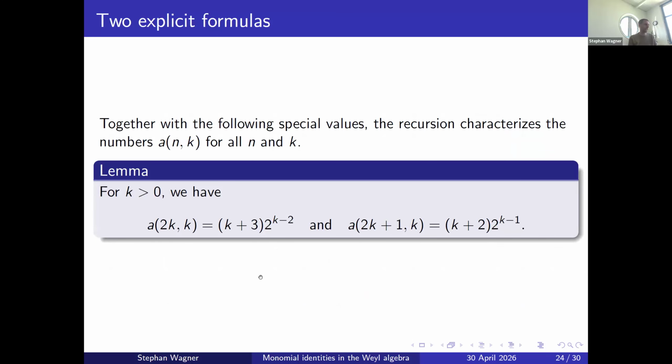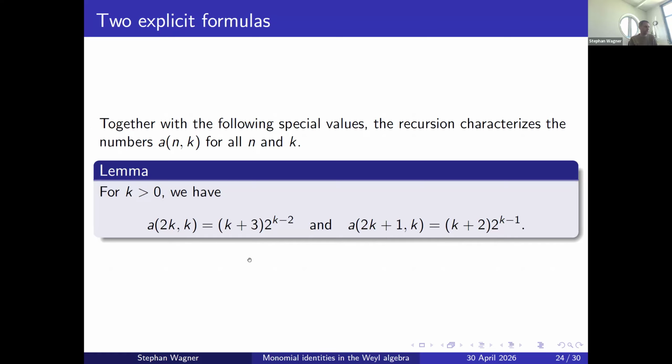or the array A(n,k) completely. So A(2k,k) would be the number of words in the equivalence class where you have k D's and k U's. So that's exactly the balanced words. Here it turns out that the number is (k+3)·2^(k−2).